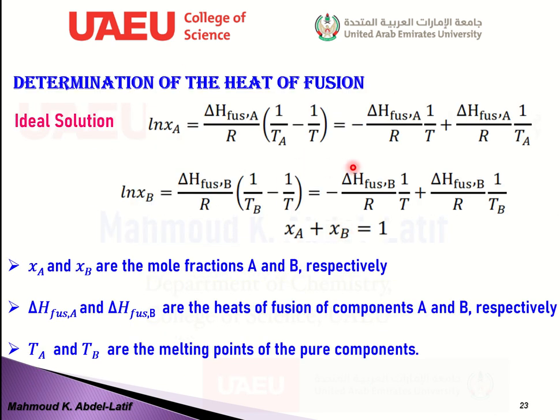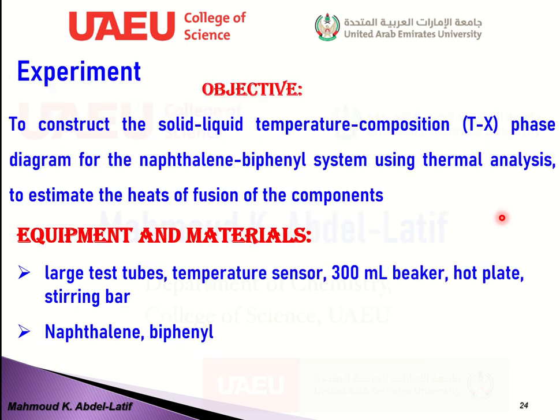Once you get the slope, multiply it by R in order to get the heat of fusion, and then divide the heat of fusion by R in order to get the melting point of pure A, and you apply the same with respect to pure B.